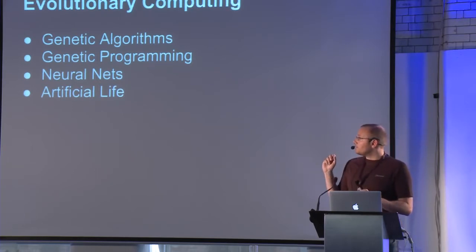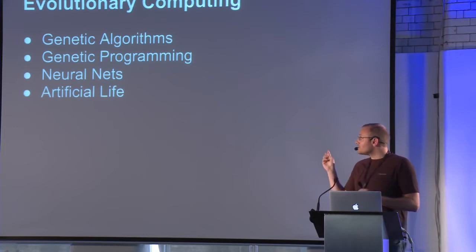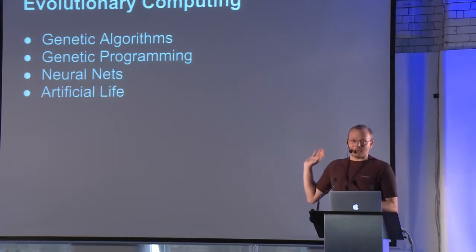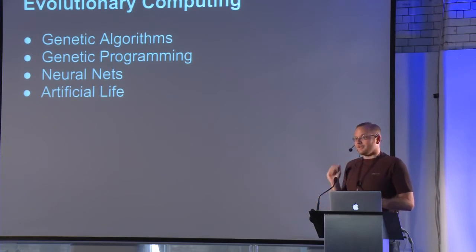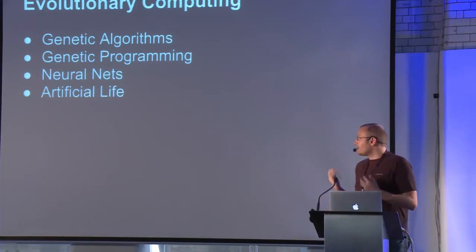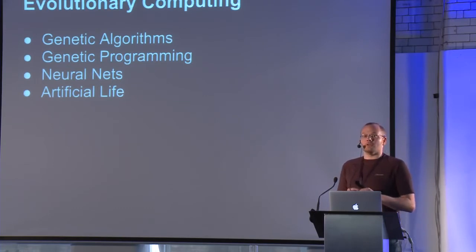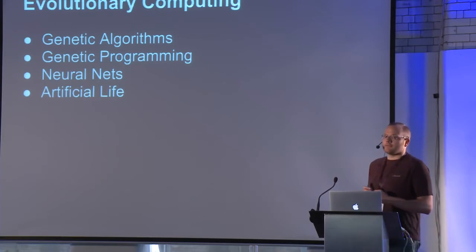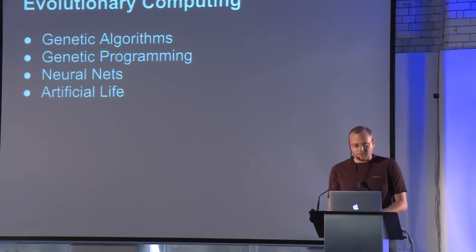Quite often, people will use neural nets in conjunction with genetic algorithms, which I'll talk about in a moment. So the first three are ways of solving your problems using biologically inspired methods. And the fourth one, artificial life, is a way of using computers to get insights into biology. So A-life is more about finding out things that are useful in real biology, and the other three are about finding solutions to particular problems you've got.